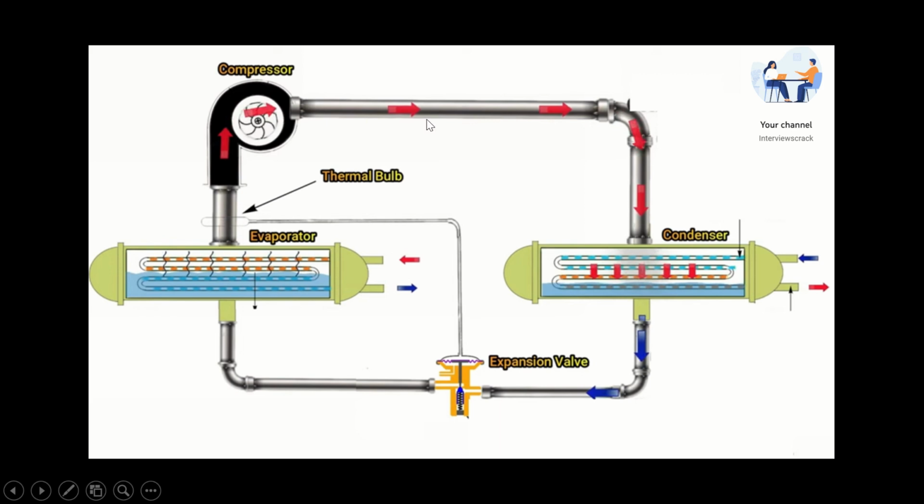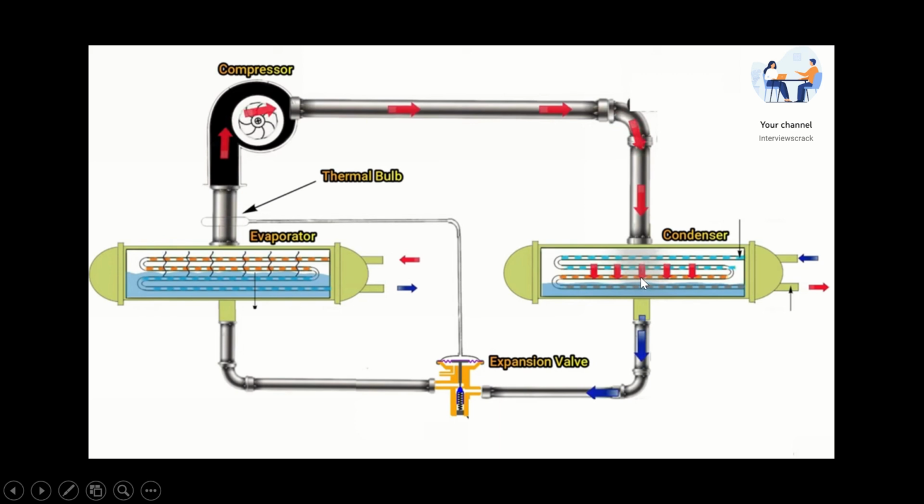this refrigerant to the condenser, and in the condenser the heated refrigerant coming in comes into contact with the cooling tower water, taking the coldness of the water and converting this heated refrigerant to liquid form.